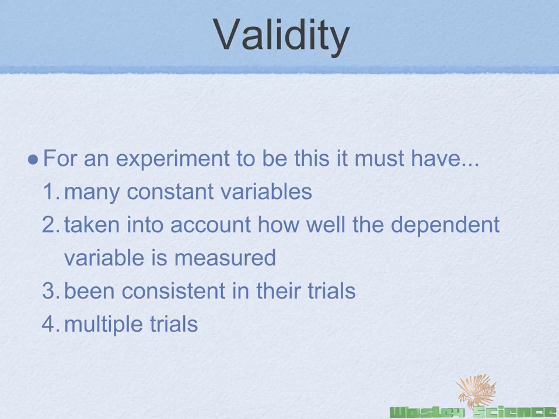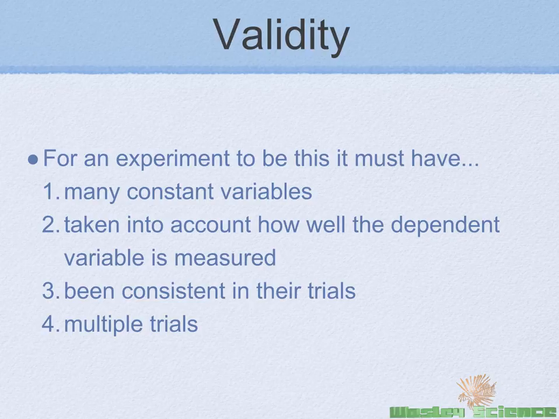The first thing you need to have is many constant variables. That's pretty easy to do in an experiment. The next thing is that you have to take into account how well the dependent variable was measured. That's a really important part, and that also has to do with accuracy and precision too.